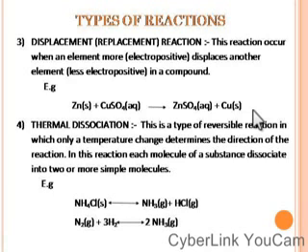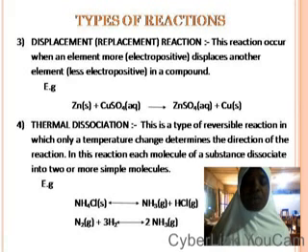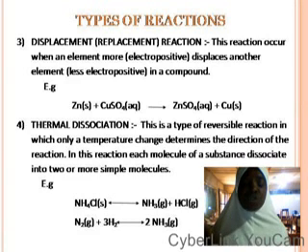Now, in this displacement reaction, if you look at the activity series, the way they are arranged is that those elements at the top of the series are more electropositive than those at the bottom of the series. And because zinc is above copper, that is why zinc is able to displace copper in the solution.